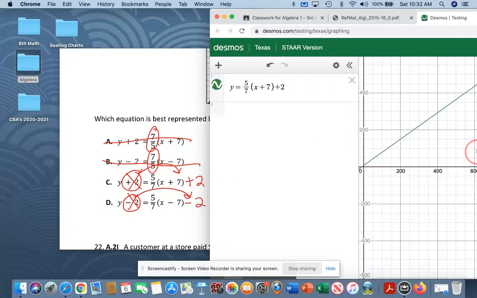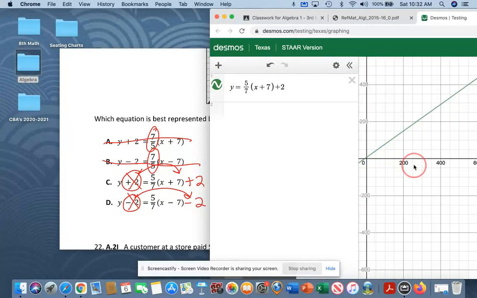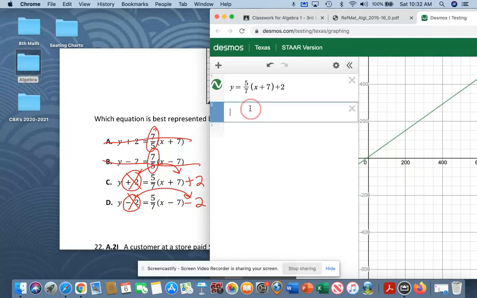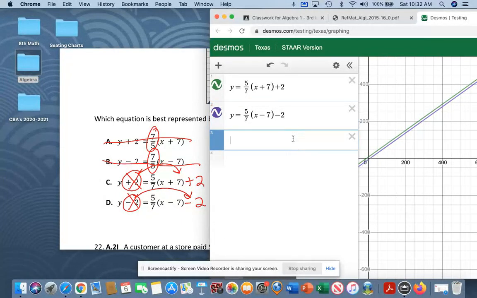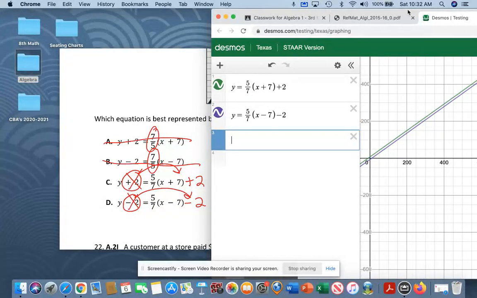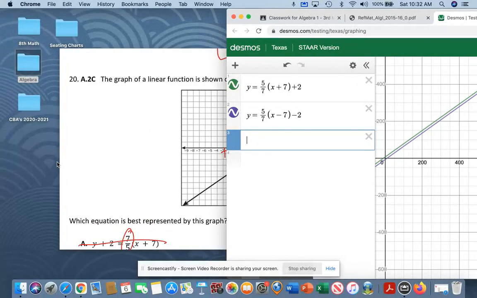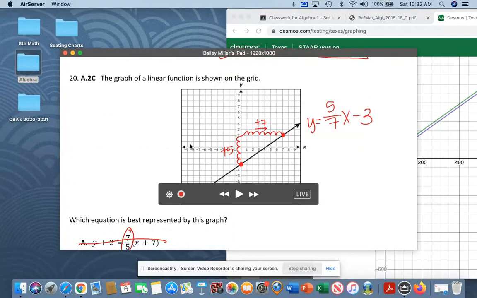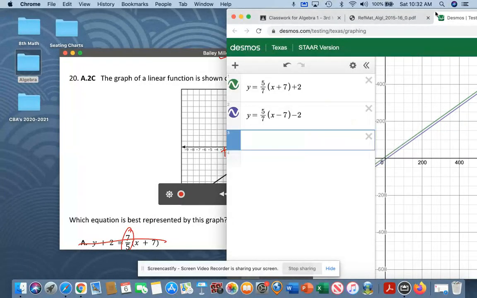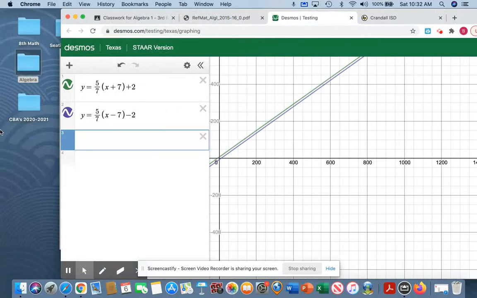Okay, and the other one is y equals 5 divided by 7, open parentheses, x minus 7, and again, I'm going to subtract 2 this time. And then I'm also going to just put in the line that I had, so this original line, and see which one matches, if my green or my purple matches that one.